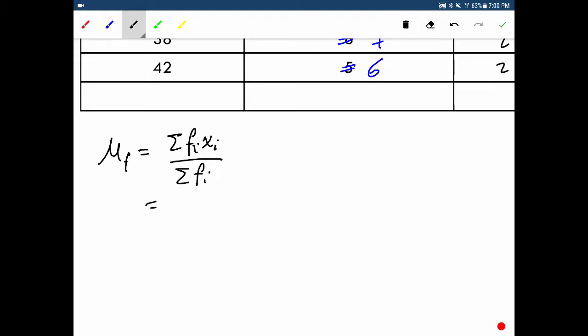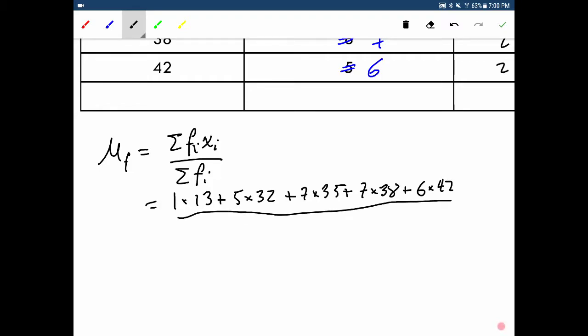In this case, we're going to have 1 times 13, plus 5 times 32, plus 7 times 35, plus 7 times 38, plus 6 times 42, and we're going to divide the whole thing by the sum, which we already said was 26.